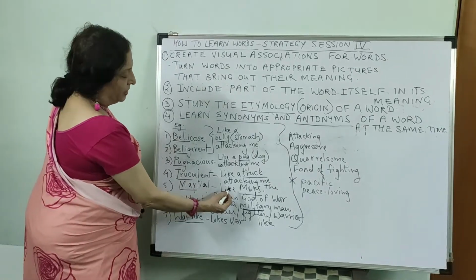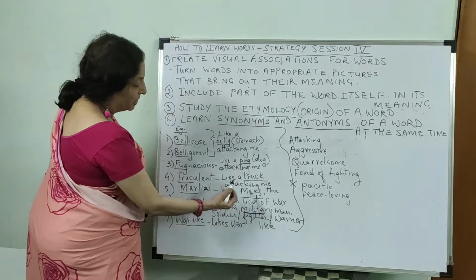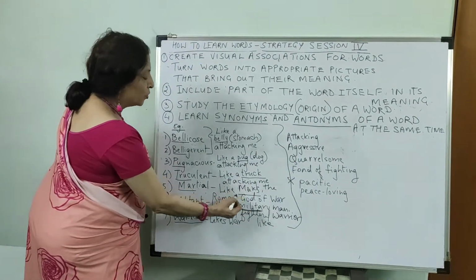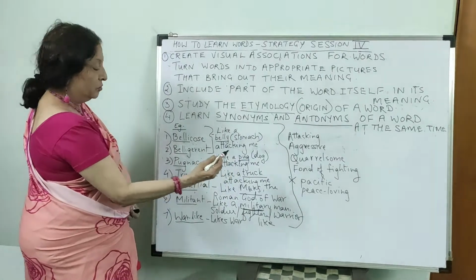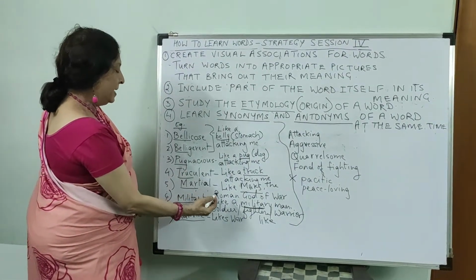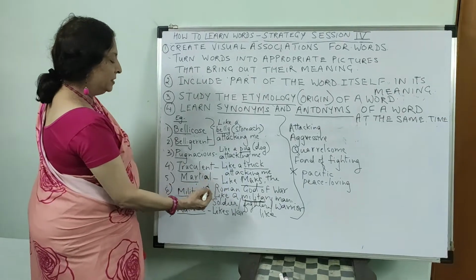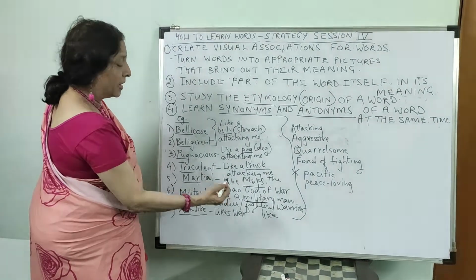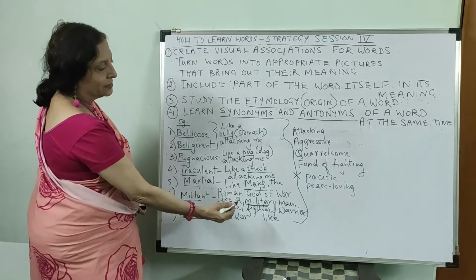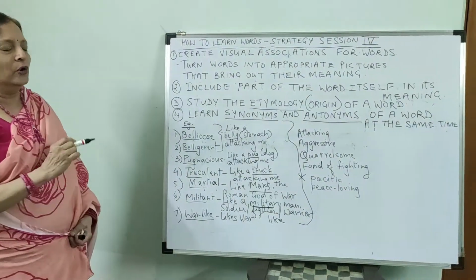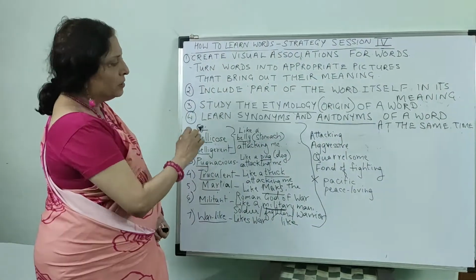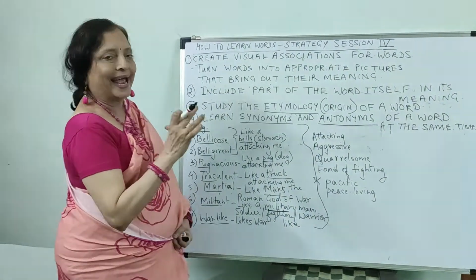Martial, we take the Mars part from it, now this is the etymology, like Mars, the Roman god of war. And finally militant, like a military man, that means soldier-like, fighter-like, warrior-like, and finally warlike, somebody who likes war. Now, we will find that the common factor in all these words is attacking.